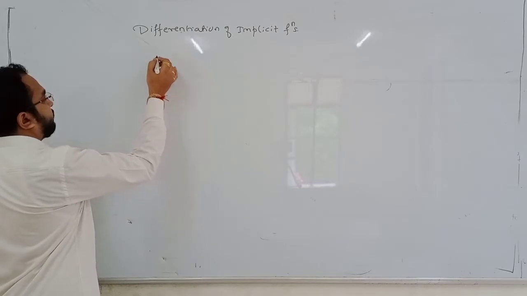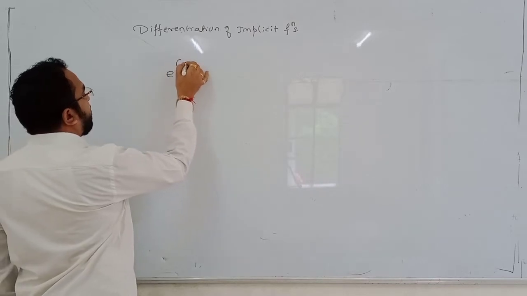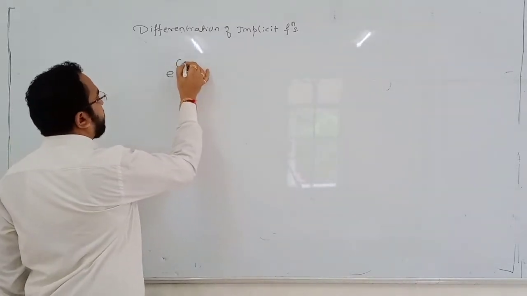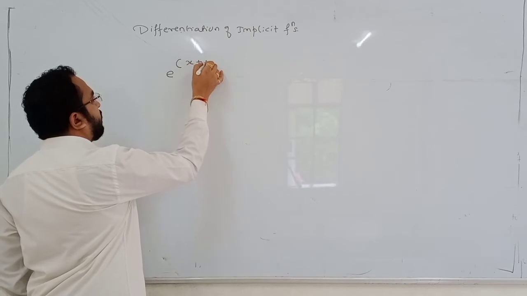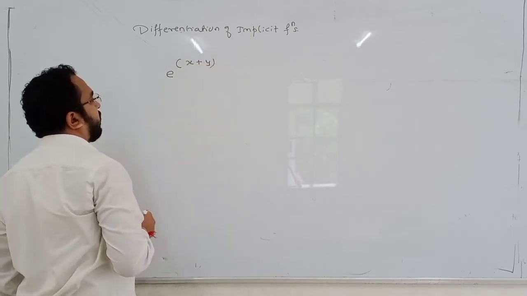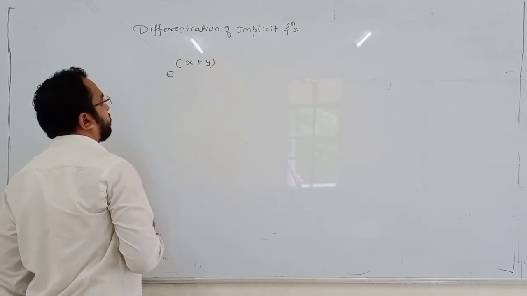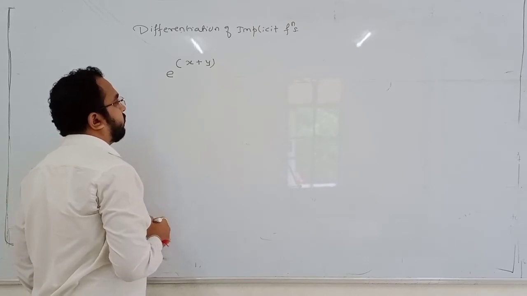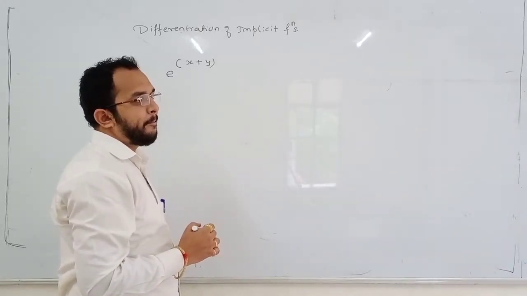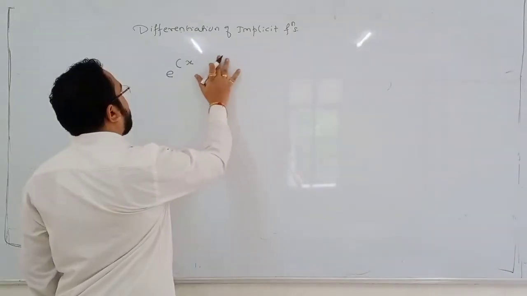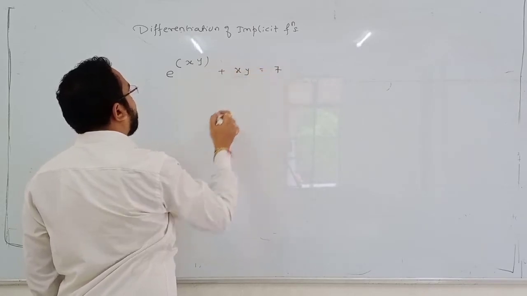Suppose the question is like this: e to the power x plus y, plus x into y is equal to 7.